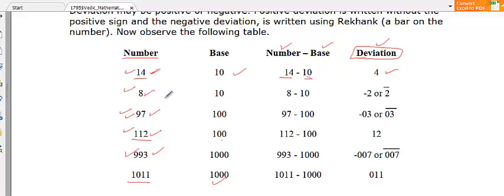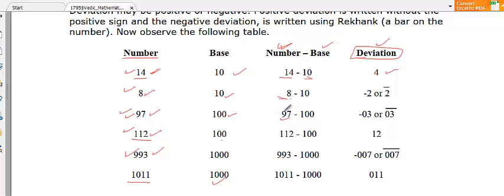Now the number is 8 and the base is 10: 8 minus 10, you have minus 2. And now 97 minus 100. You may get a positive value, you may get a negative value. You need not worry about whether you get positive or negative; we will discuss later what to do for each.